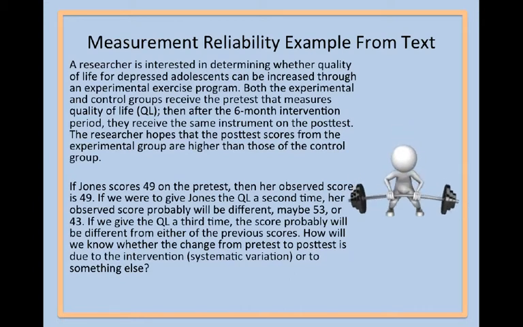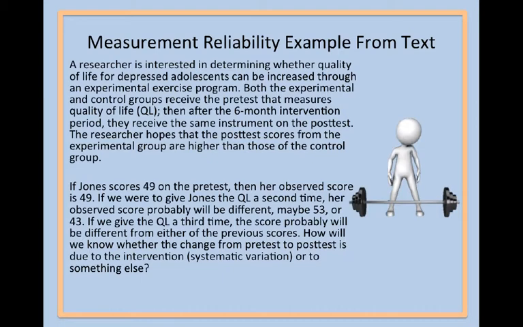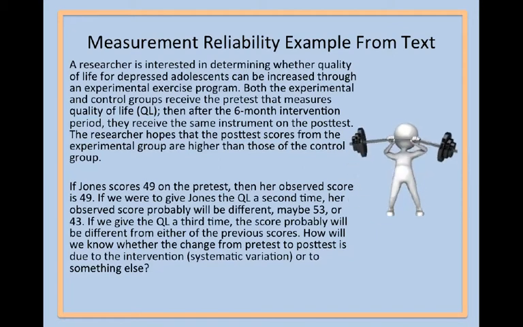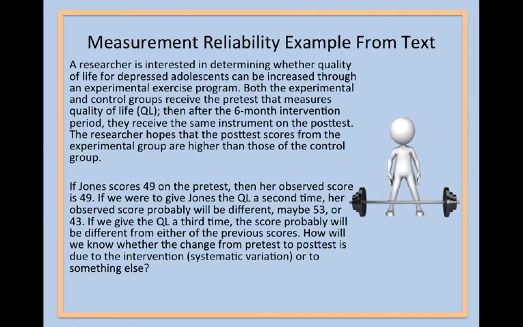How will we know whether the change from pretest to post-test is due to the intervention, so systematic variation, or to something else? What is the main concern here with the quality of life measure? The issue here is whether the quality of life inventory will measure quality of life consistently, reliably in this study with this group of participants.